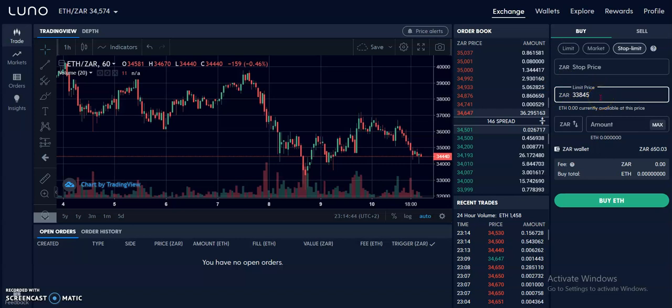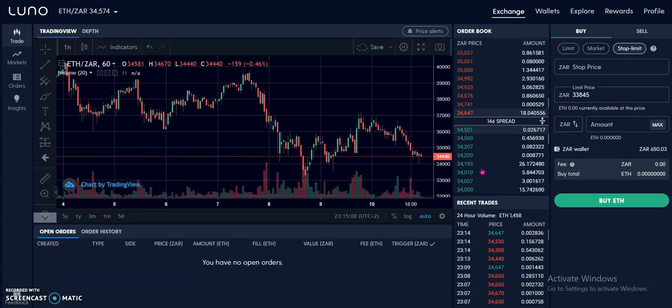So I said to you that what happens is we want to place an order but don't have enough time to set the order, etc. So that's when the stop limit order comes into good use, because we are going to now program the stop price. So basically, what the stop price will do, it will program the order to go into the order book.